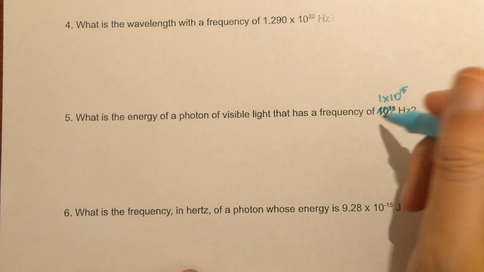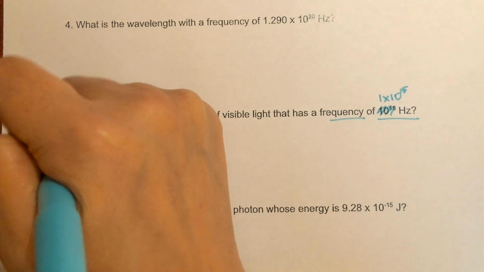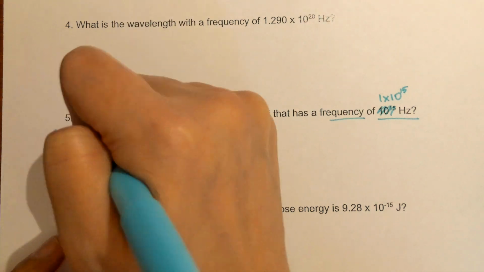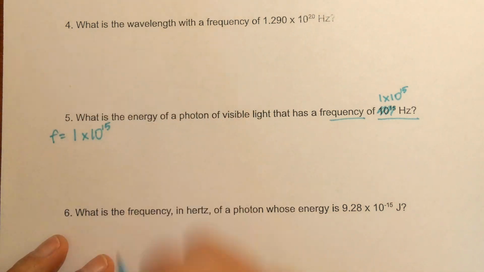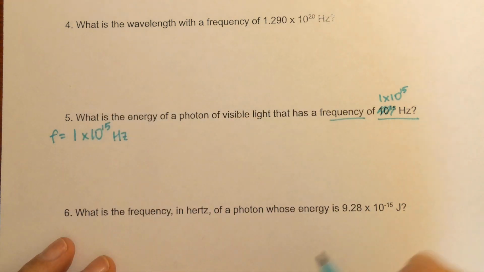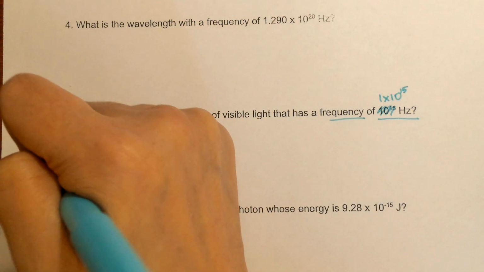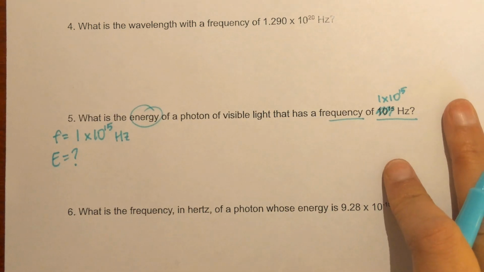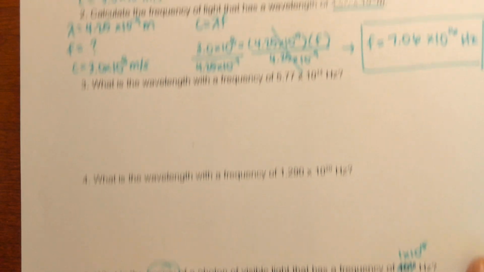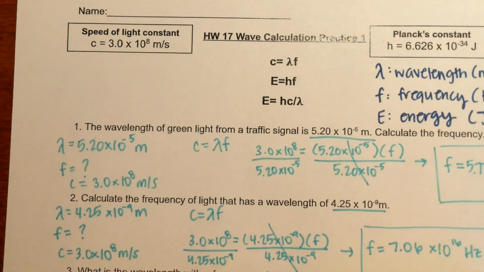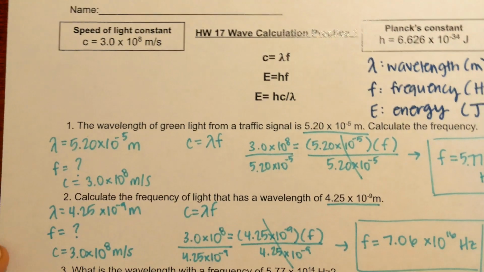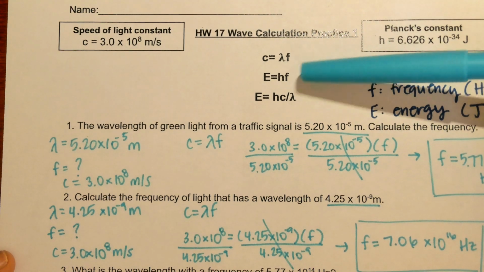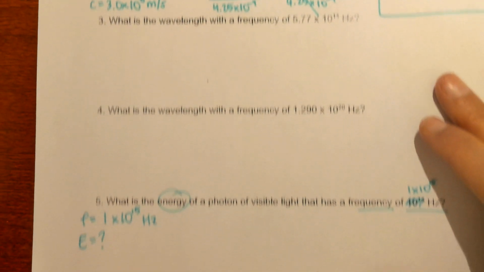Okay, so we are given the frequency, f equals 1 times 10 to the power 15, and we are trying to find energy, question mark. So based on our formulas, which formula do we use that has E and f in it? It would be this one, E equals hf.